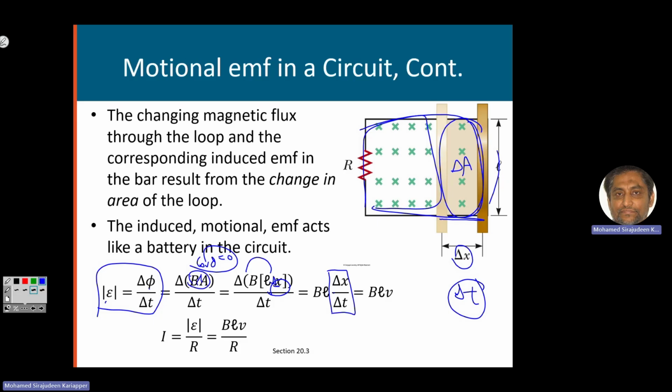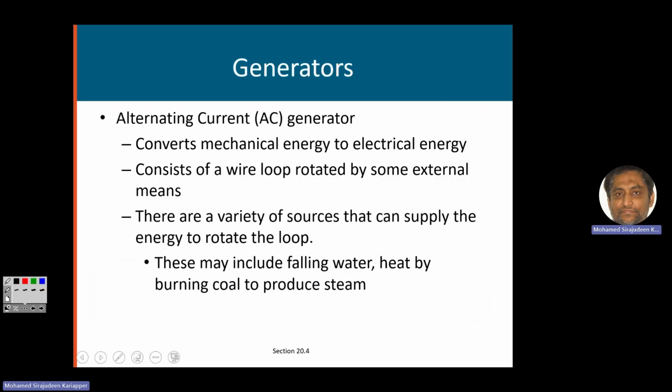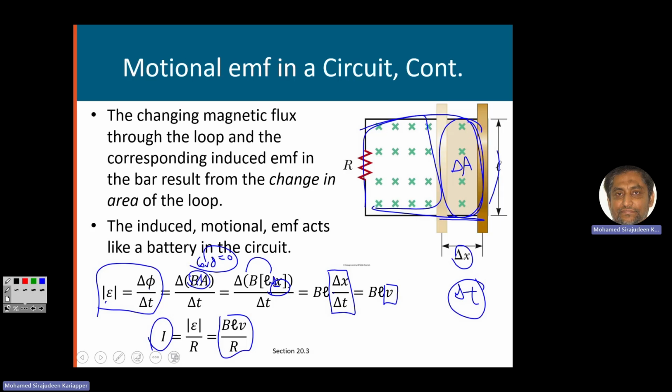For delta x over delta t, I can put the velocity, by definition. So we get the same expression. So even without any closed path, a potential difference is maintained. But when you have a closed circuit, you will have an EMF that will drive the current in that closed path. If you want the current, you can divide by the resistance in the circuit.